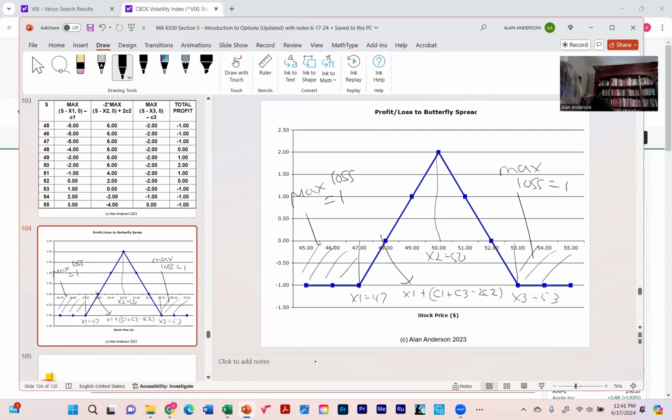So let's see, this one is X2. Oh no, it's X3 minus C1 plus C2 minus 2C3.